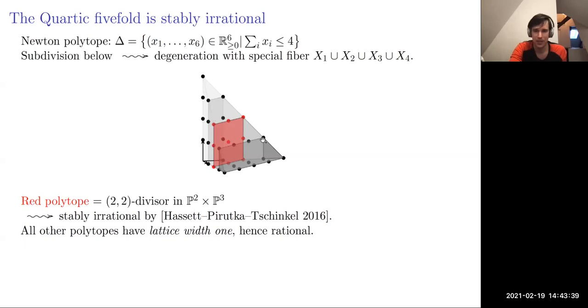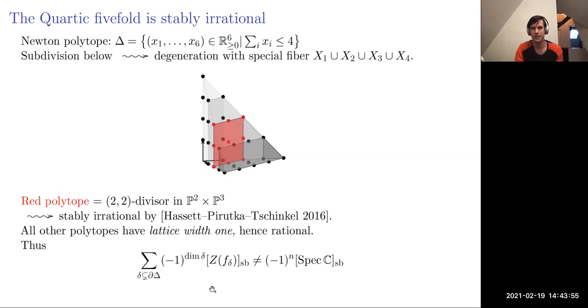So we have a degeneration of the whole polytope. There's one complicated polytope which does not have lattice width 1, but all of the other ones have lattice width 1, so they are rational. So if you look at this alternating sum, you'll have one irrational piece, and then the rest rational pieces.